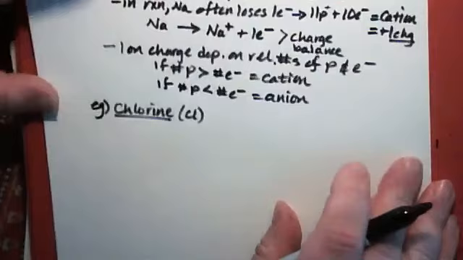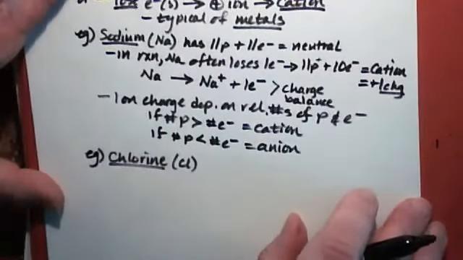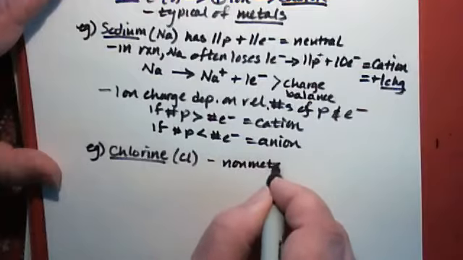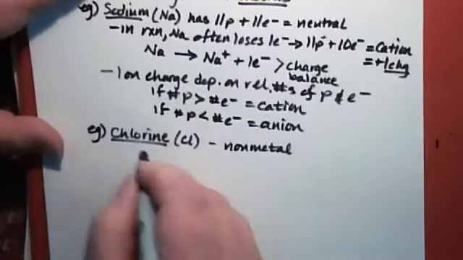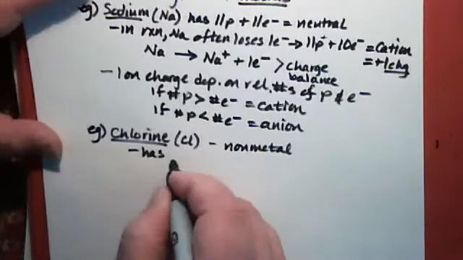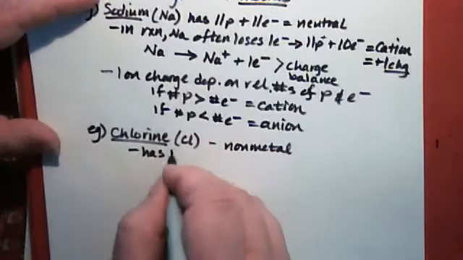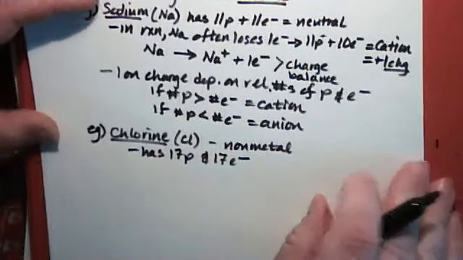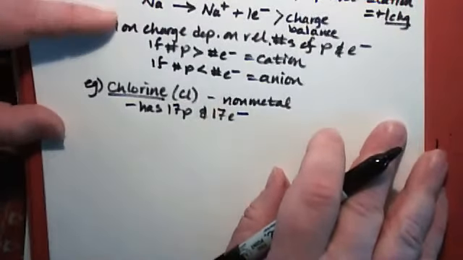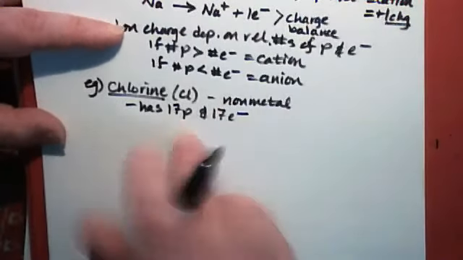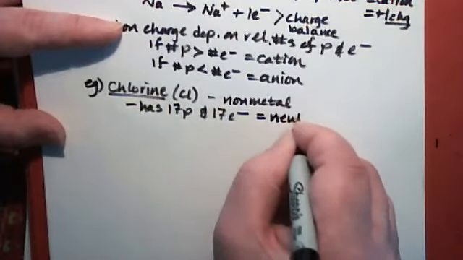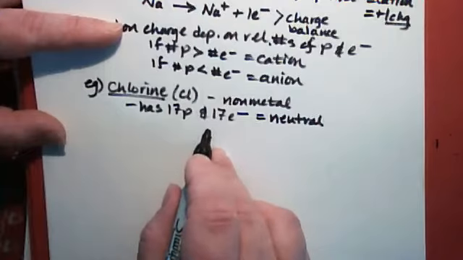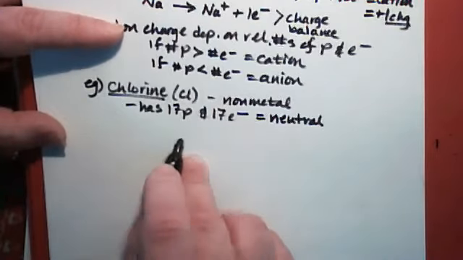Also, we could look at a typical non-metal, like chlorine. Chlorine has 17 protons and 17 electrons as a neutral atom because it's atomic number 17. And so since it has 17 positive charges and 17 negative charges, it's neutral overall.